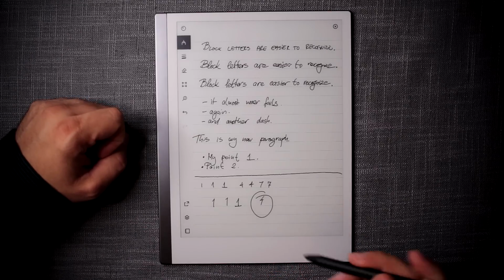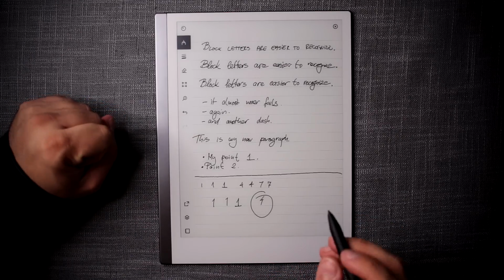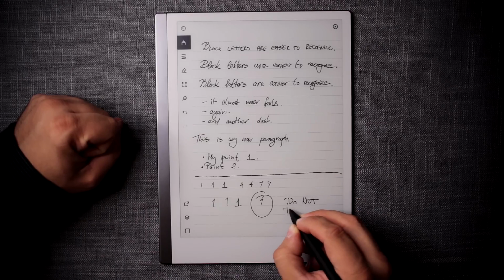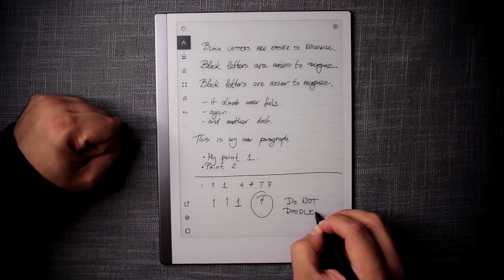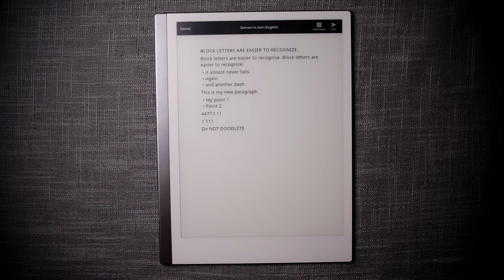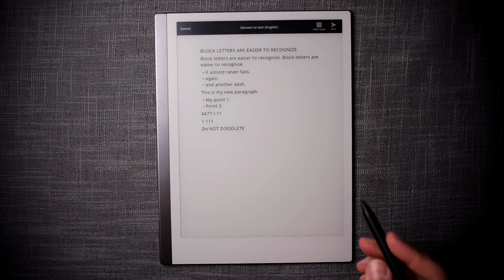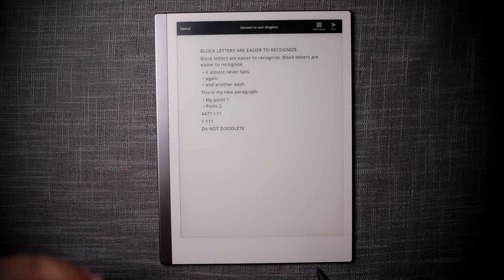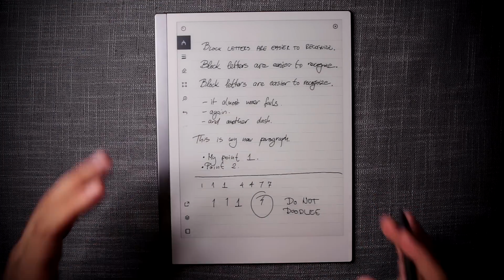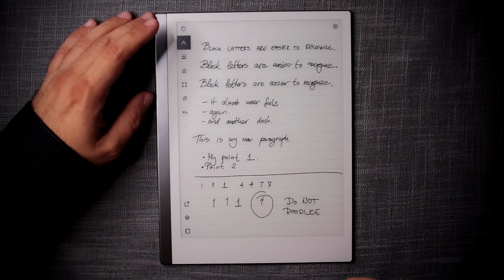And now this is another thing that I want to show you: do not doodle. You should not doodle around, because all doodles, underscores, circling and all that kind of stuff, while the system is trying really hard not to interfere or not to be distracted by the doodles, will definitely confuse it so that it doesn't understand what's going on.